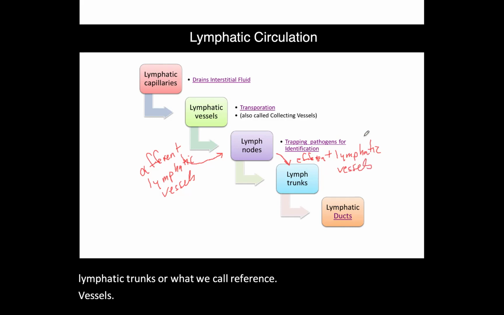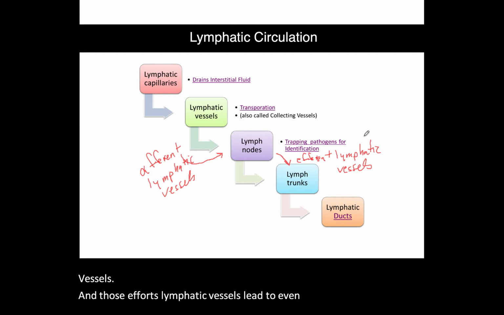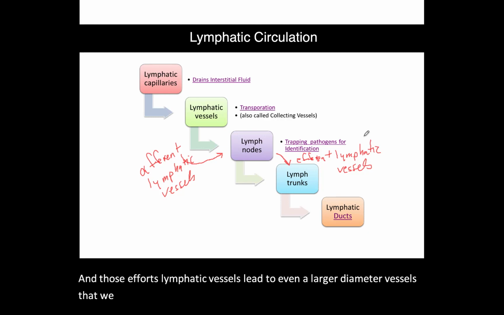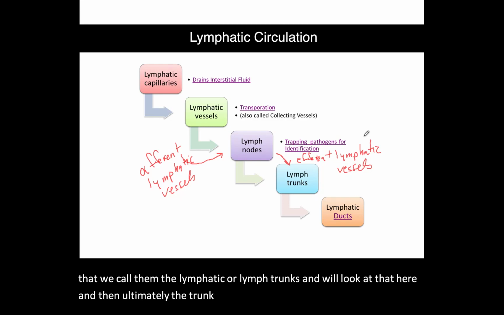And those efferent lymphatic vessels lead to even larger diameter vessels that we call the lymphatic or lymph trunks. And we'll look at that here. And then ultimately, the lymphatic trunks lead into the lymphatic ducts.